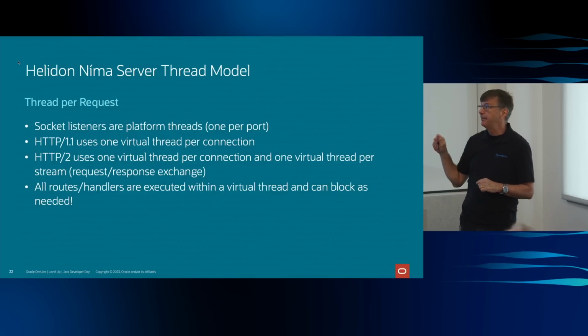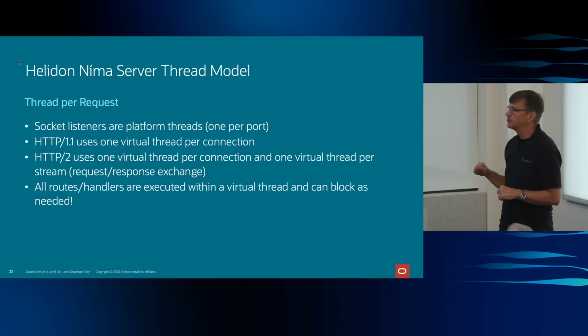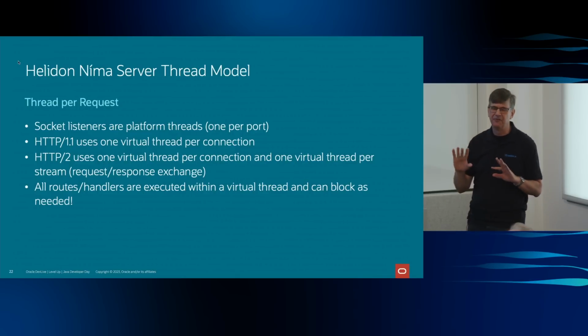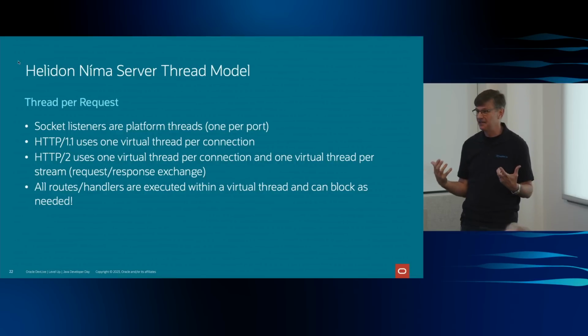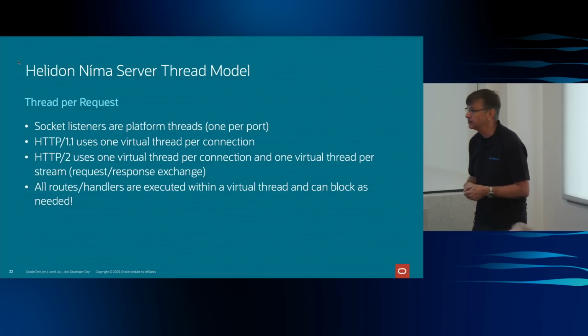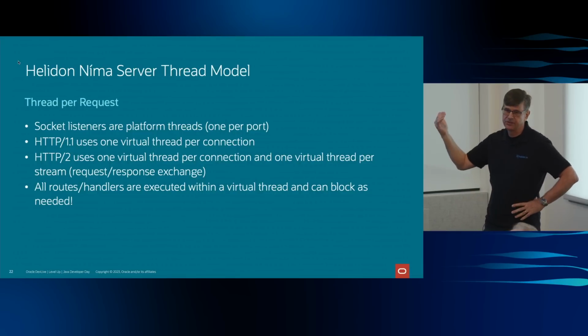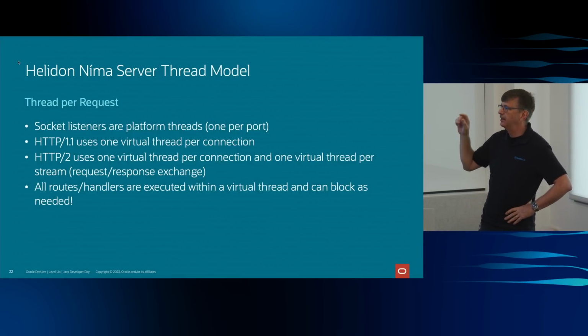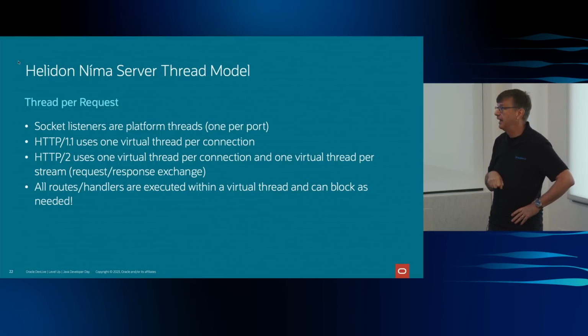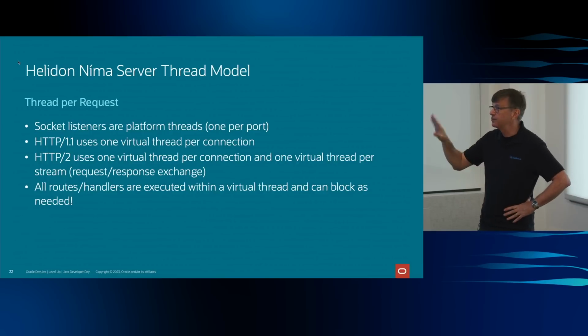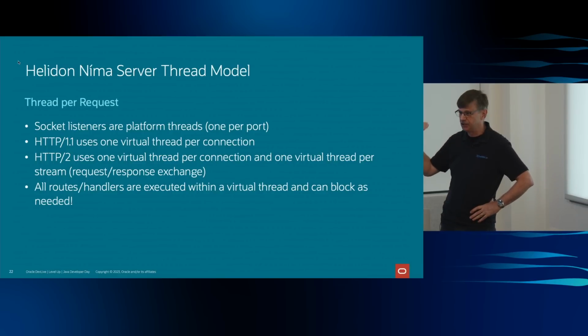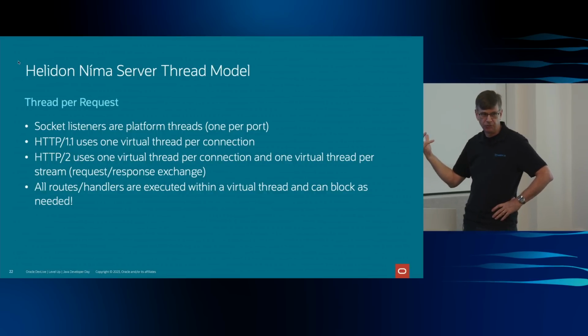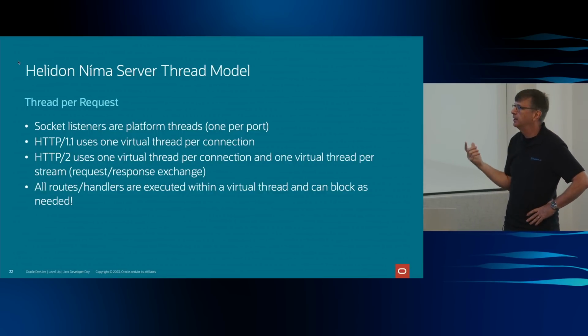So let's look a little at the threading model used in the Níma web server. I don't know if any of you have written a server from scratch that handles network and socket connections, but you usually have a server socket listener, right, which waits for connections. And in Níma, this is a platform thread. But typically there is one per port. So often that means just one of these for your application, maybe 2, 1 per port.